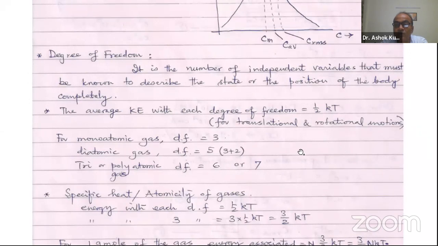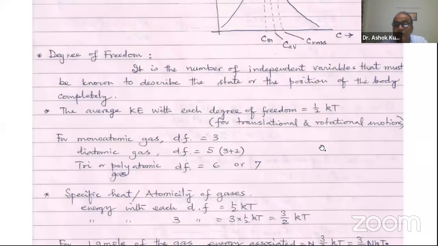The whole system has one center of mass somewhere. This whole system is moving along the x direction, y direction, and z direction, so 3 degrees of freedom, translational. But at the same time, this molecule can have rotation.